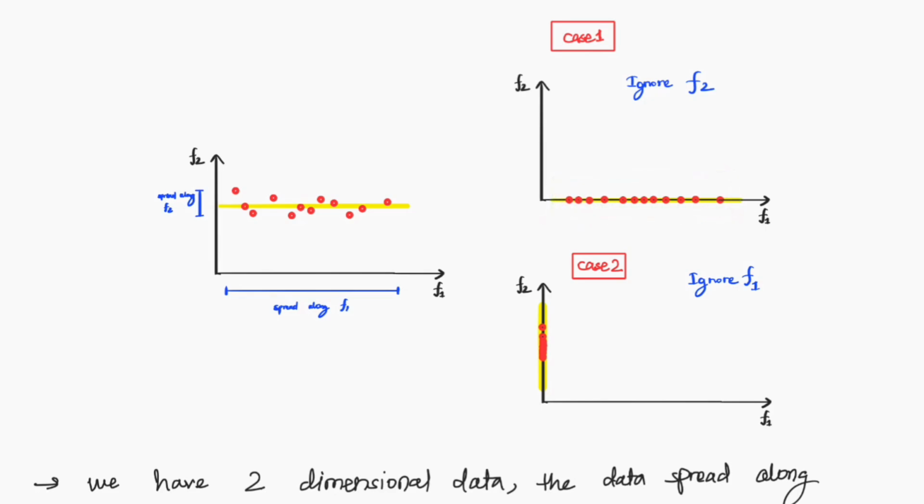So if we project the data points on f1, this is the result. And we have case 2 where we try to ignore f1. So when we ignore f1, every data point will only have its f2 coordinate, and this will be the case where we have congested data that does not have as much information as in case 1.